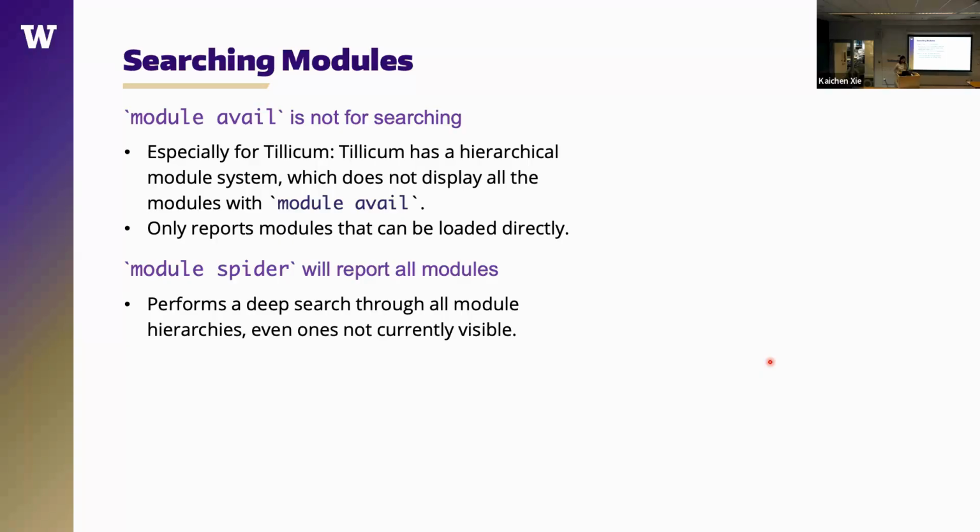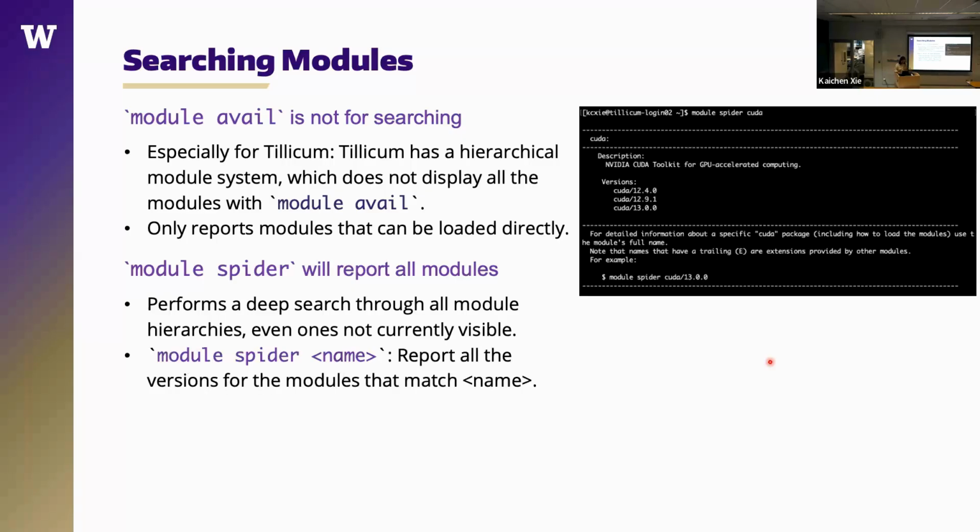On the contrary, the module spider command will perform a deep search, going down all the hierarchy trees, even the ones that are not currently visible. So module spider is the most reliable way to search installed software and learn what prerequisites must be loaded first.